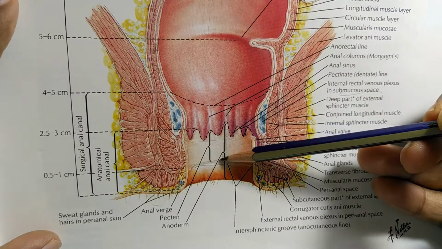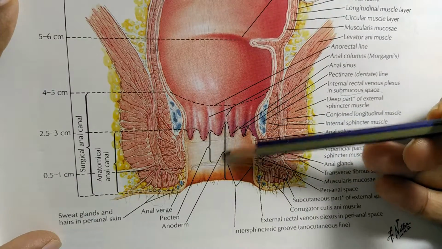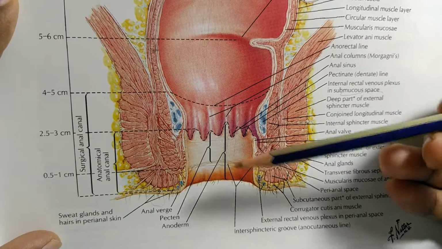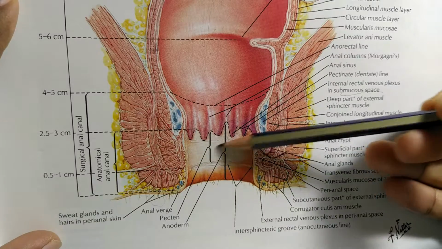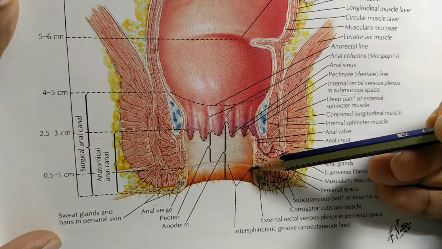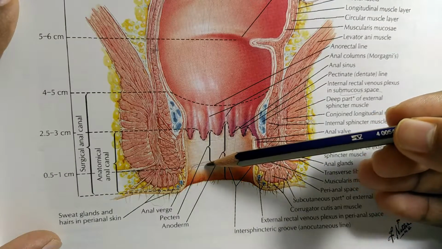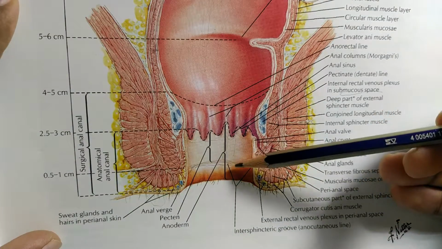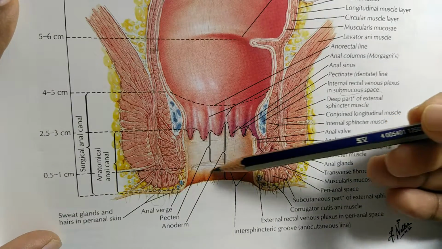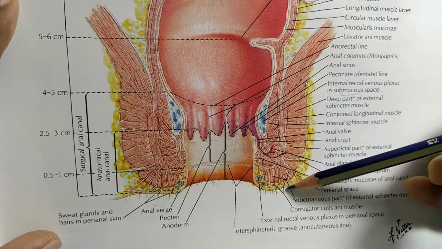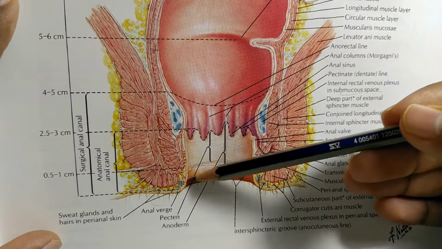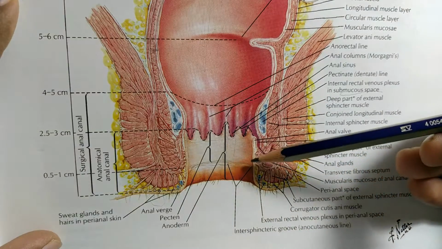And now the intermediate area. The intermediate area of the anal canal is devoid of sebaceous glands, sweat glands, and hair follicles, because in this layer there is nothing present, no gland, no hair follicles. But now the Hilton's white line, this is called the Hilton's white line, and after the Hilton's white line it is mostly cutaneous, because the skin becomes indurated.